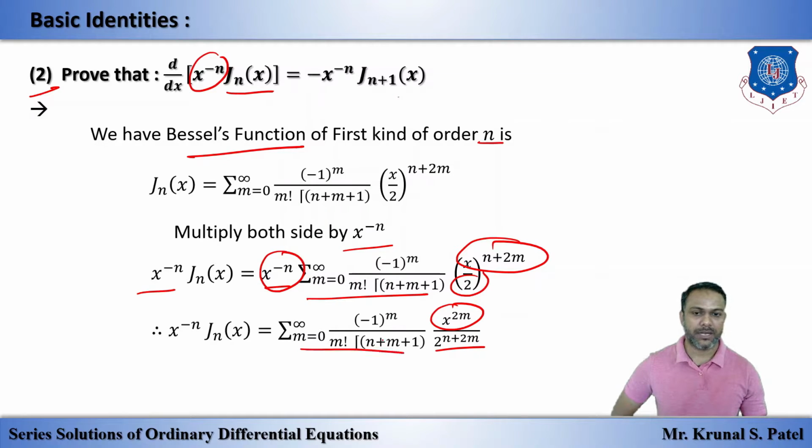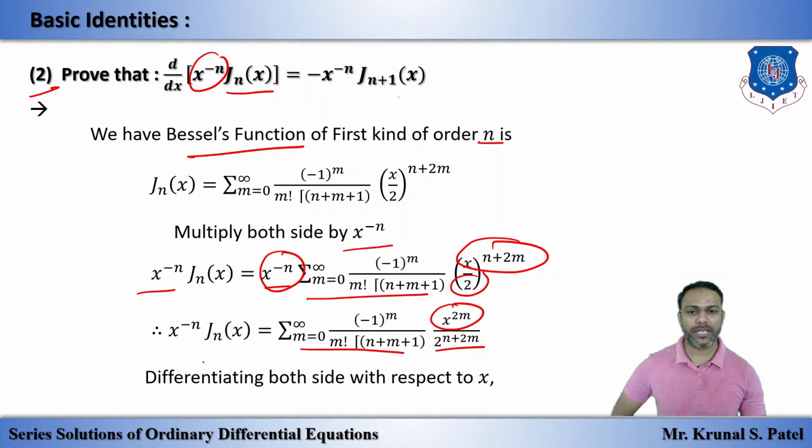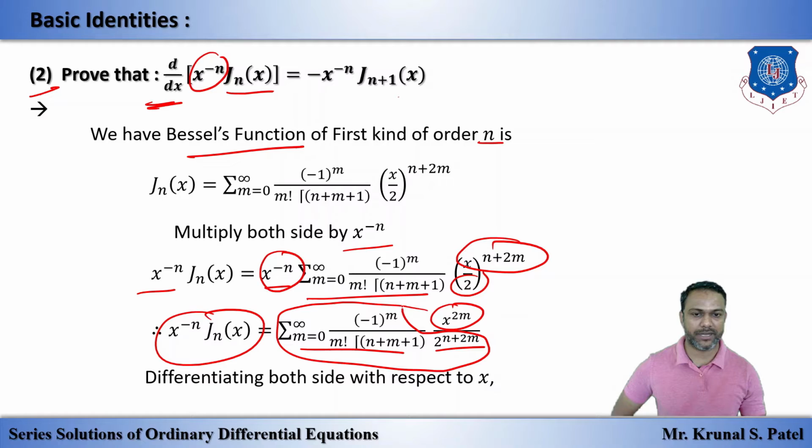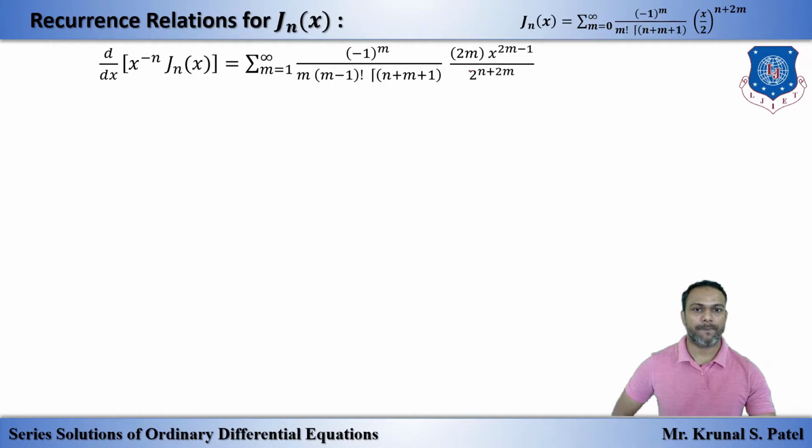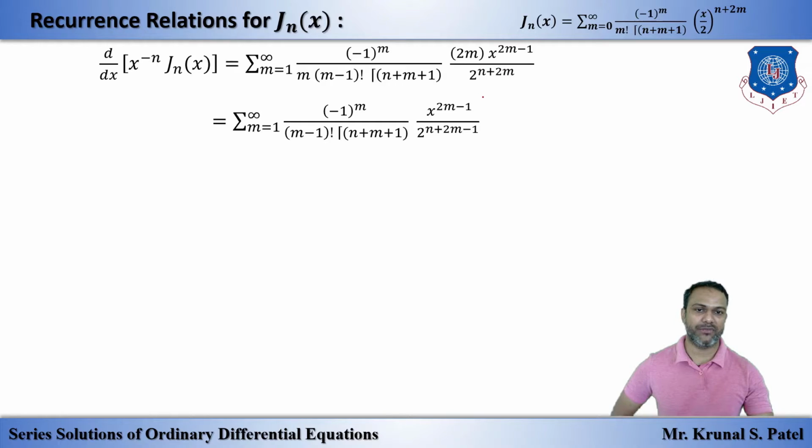Now we will differentiate both sides, because we need the differentiation. Differentiation of this, and these are constants, only the differentiation of x raised to 2m. Now we can simplify: we can take 2 here, so we have 2 raised to minus 1 here.